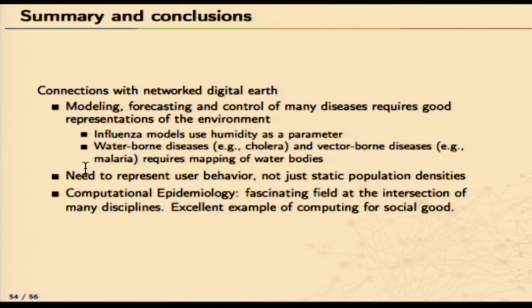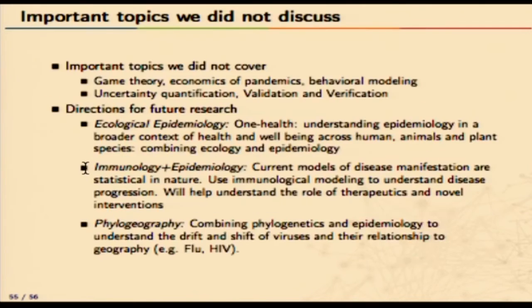Waterborne diseases use mapping of water bodies, and vector-borne diseases, same thing. The new thing I want to put out is, in addition to all the infrastructure mapping that we've heard, one needs to also consider user representation. You need to consider where people are and what they are doing to really understand the impact of all of these future risks on human populations.